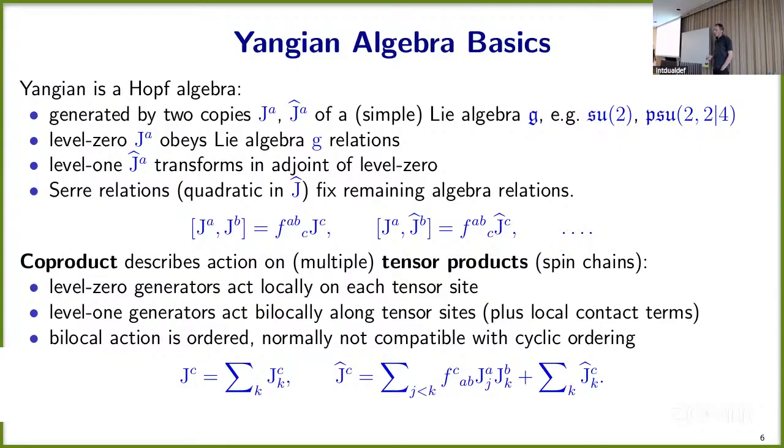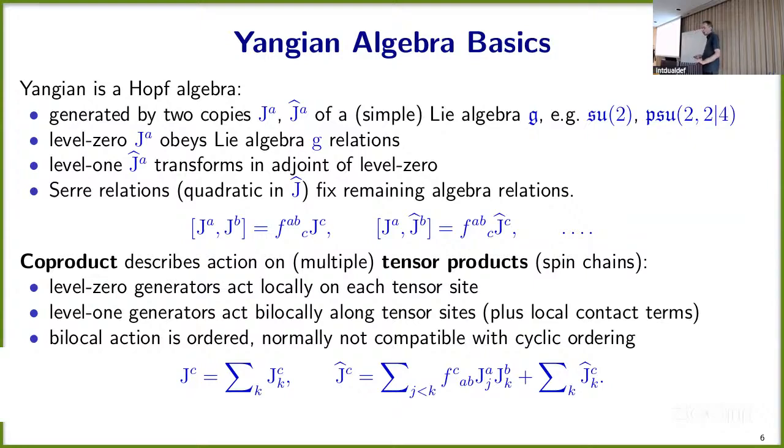But the level 1 generators will act bilocally, in the sense that you act on two sites of the chain, and now you have also two copies of these adjoint indices, and those you contract with the structure constants of the algebra. There may or may not be some additional local contributions, which you could view as sort of a short distance limit, or some counterterms, or contact terms for what happens when these two sites are the same, or very close.